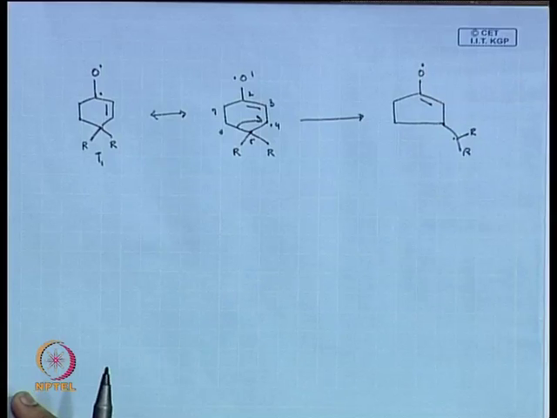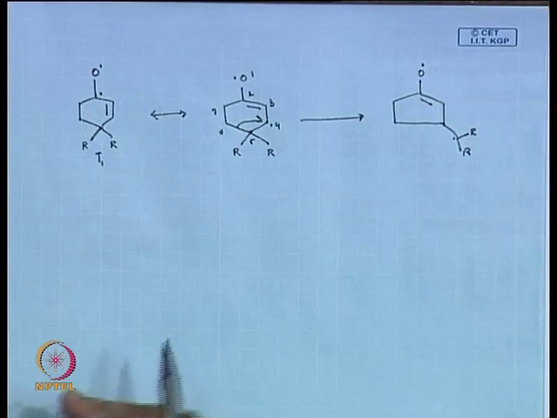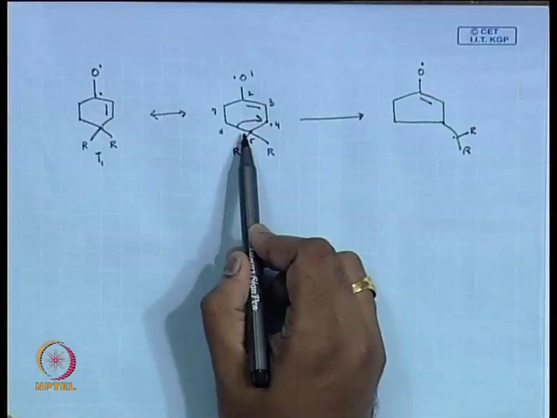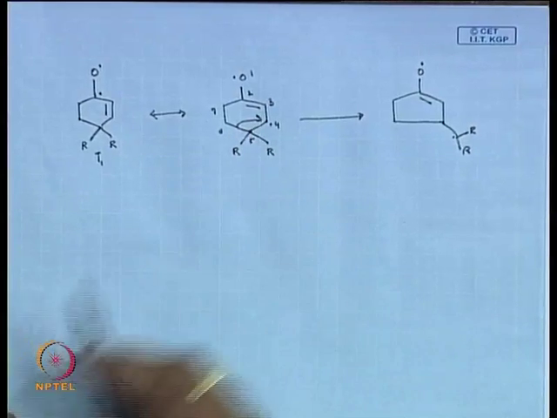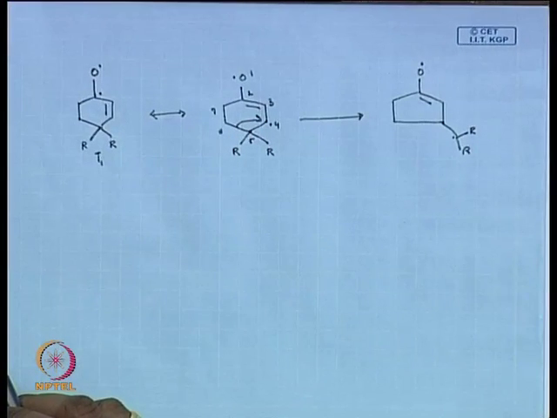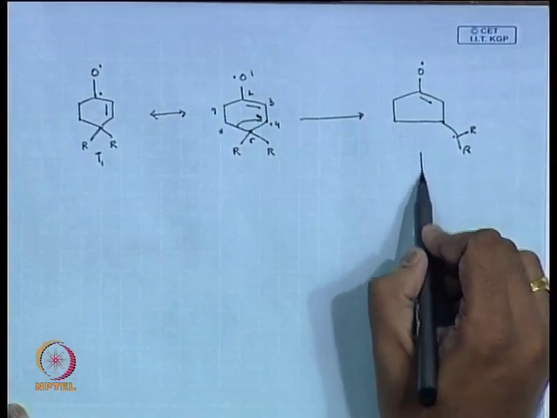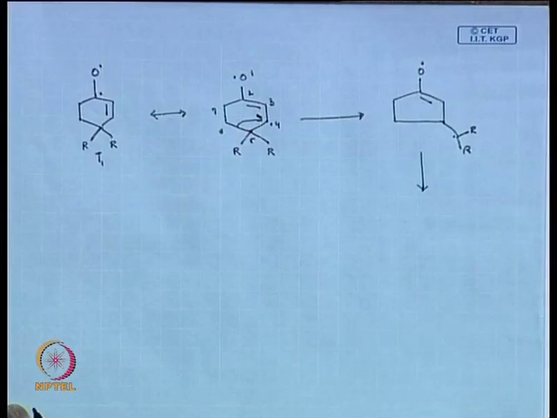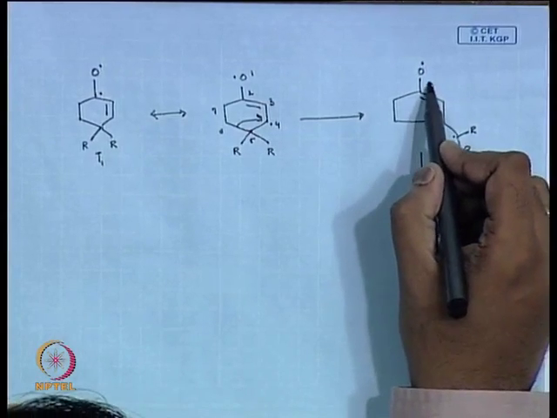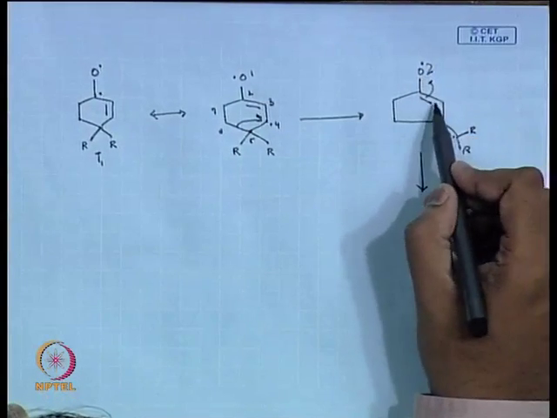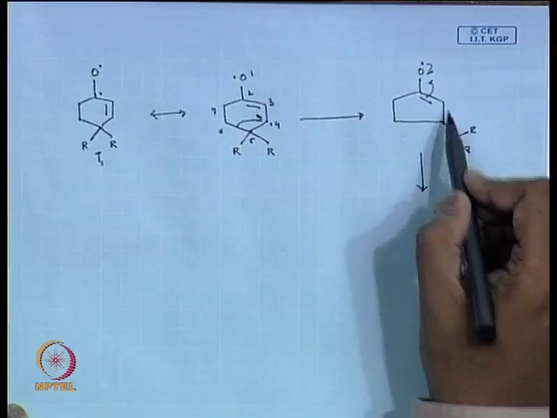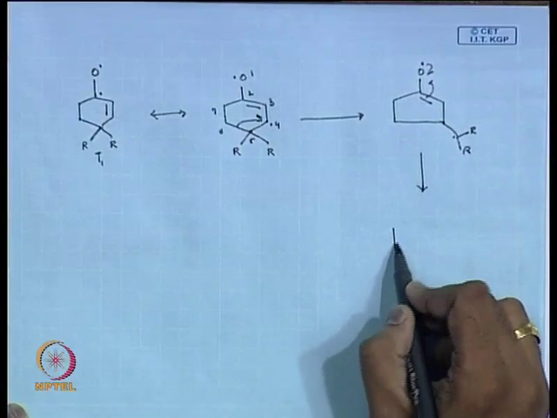It looks to be a really nice migration, a shift of your C5, C6 carbon towards your C4 atom, and it's a radical. Then you can create a radical here, so you can combine this one.